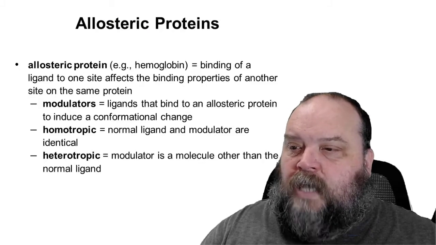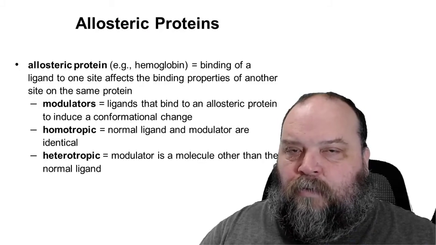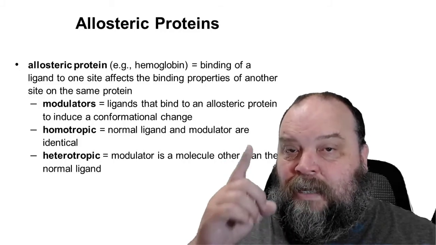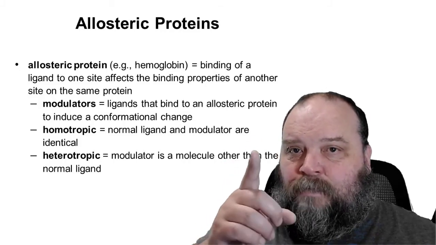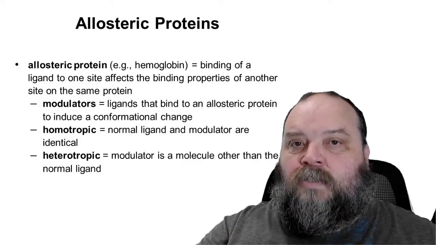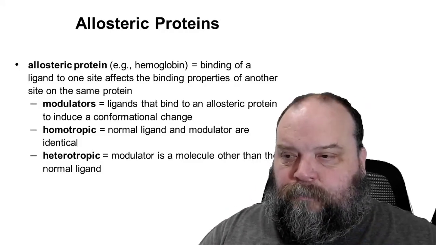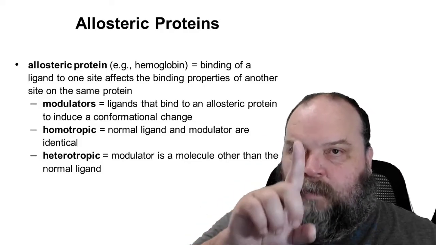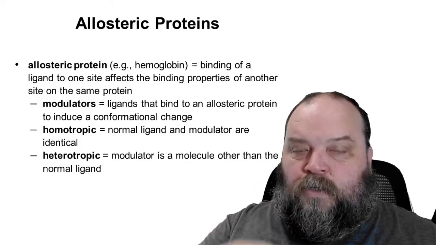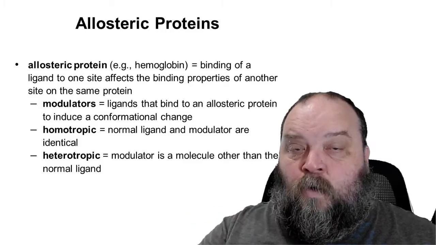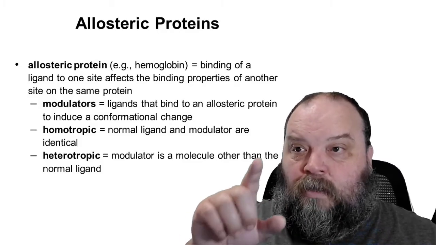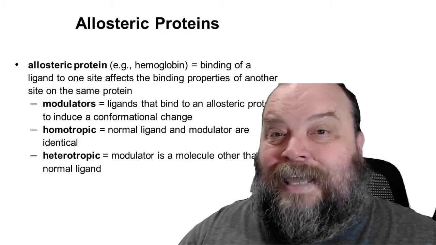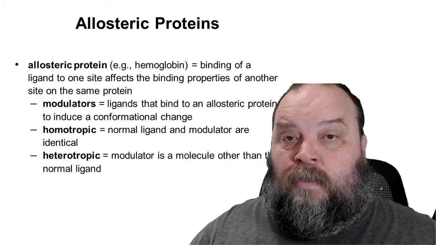We refer to these as allosteric proteins because the binding of one ligand at one site influences the binding at other sites within the protein. Now remember, we say hemoglobin, the one protein, but it has four subunits. Each subunit has its own heme ring, porphyrin ring, which means each subunit can bind oxygen independent of the other subunits.